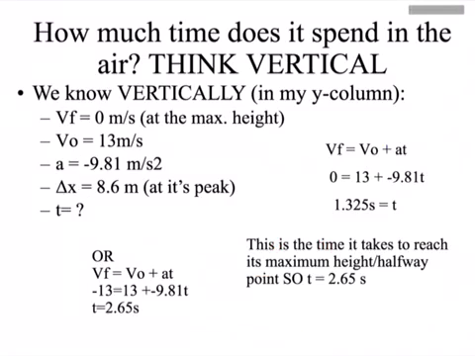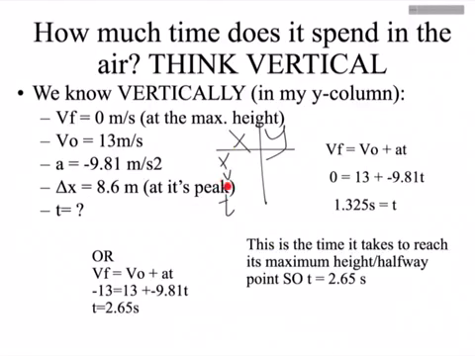So the next question asks, how much time does it spend in the air? And again, you need to think vertical, because in your x, y column, we have x, v, t here. We have no information over here that we know.